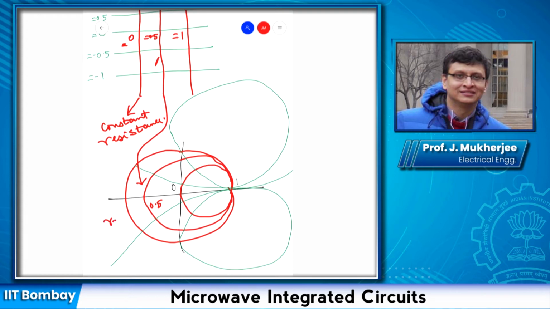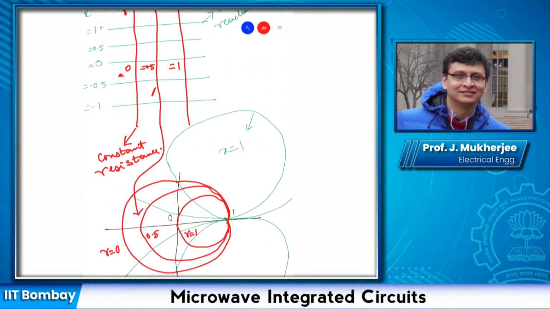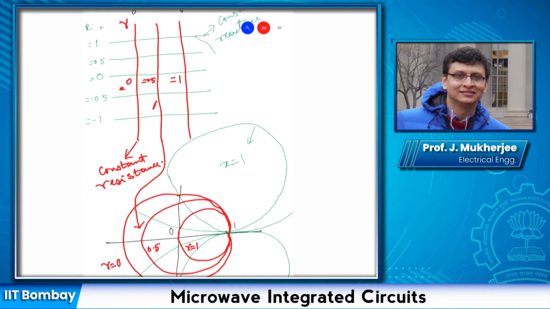Similarly, this is the R equal to 0 circle. This is the R equal to 1 circle. And these green lines, this one is the x equal to 1 constant reactance circle. So what basically has happened is that this green line has become this one.